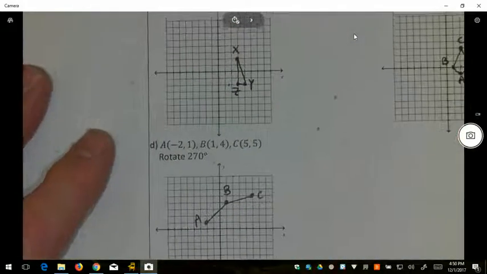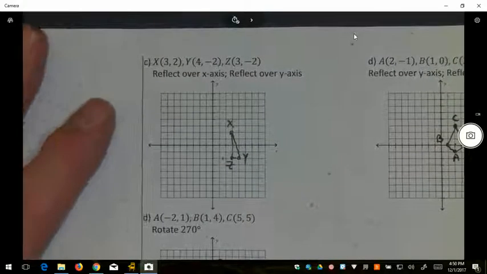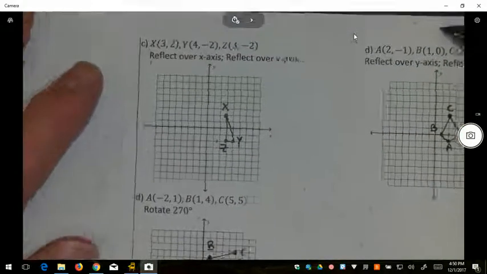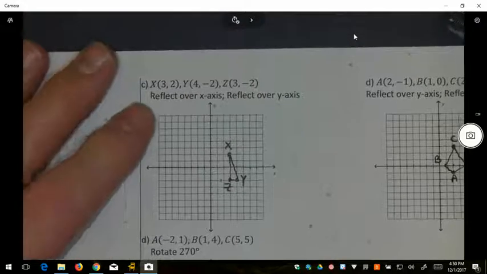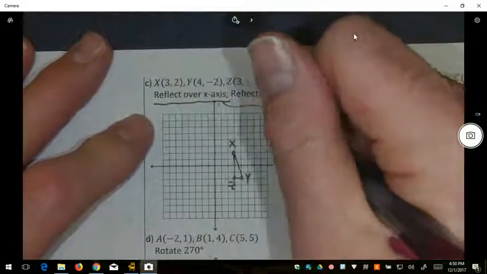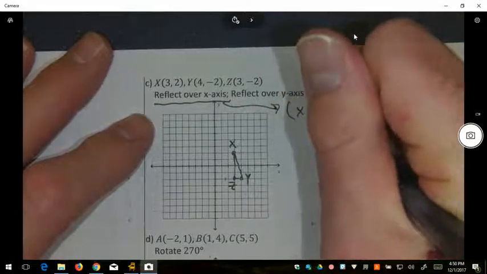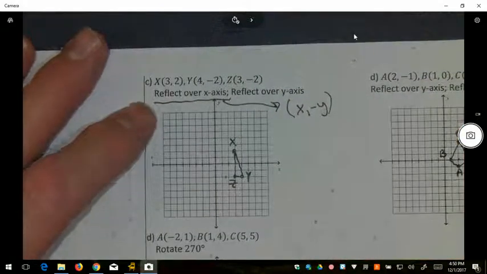All right, the next one says to reflect over the x-axis and then over the y-axis. This is an interesting one because I can actually do all of it without looking at the coordinate plane and then look at what happened at the end. Across the x-axis has the rule that I'm supposed to keep the x-coordinate as it is and change the y, so that it changes the height.